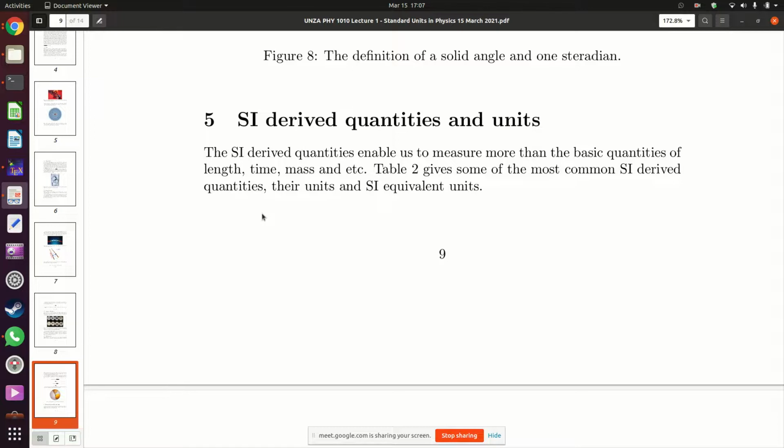That's how you obtain an SI derived quantity, by multiplying, or by dividing, or by doing both multiplication and division.